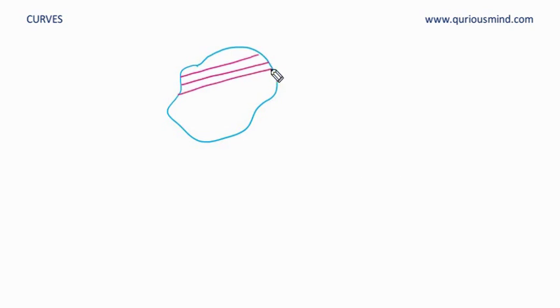Let's see something else. So I have a simple closed curve. This is the area which is inside the simple closed curve. It is bound by this boundary inside.